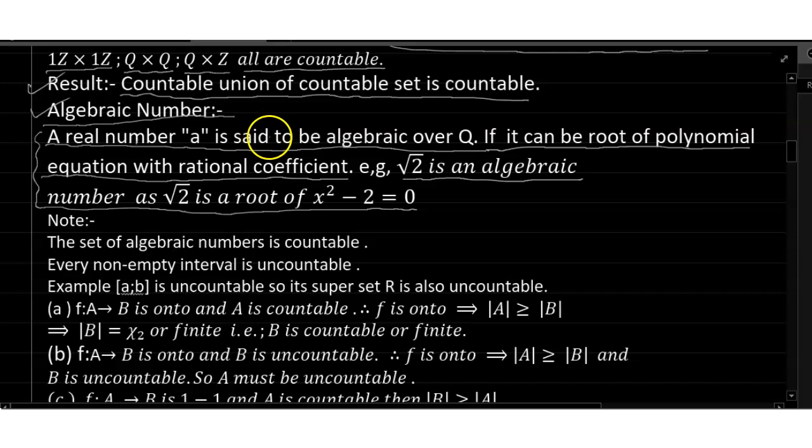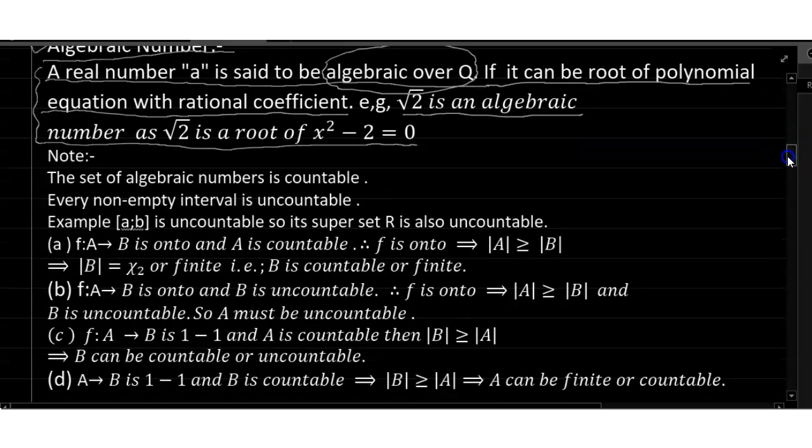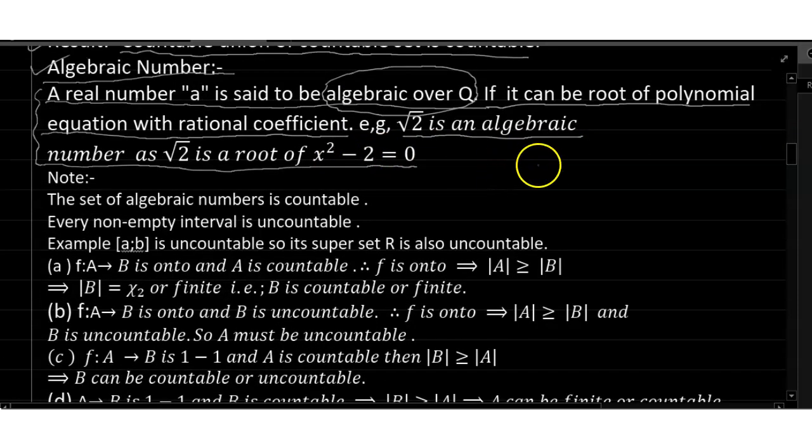A real number a is said to be algebraic over Q if it can be a root of a polynomial. Suppose I give one example, x squared minus 2. Similarly, we can give x cubed minus 3 equals 0. So the cube root of 3 is an algebraic number.